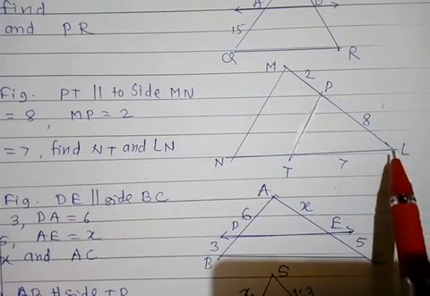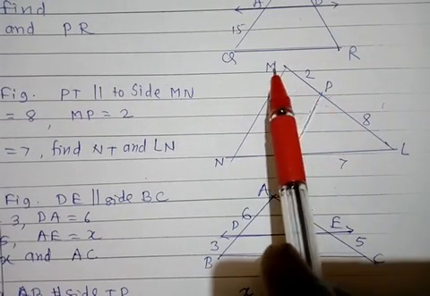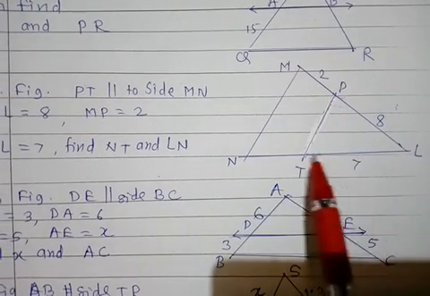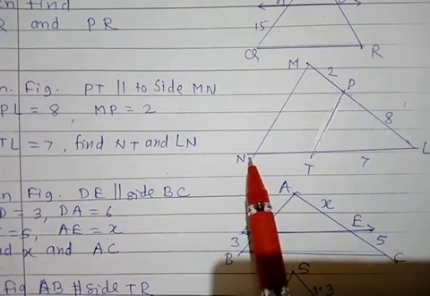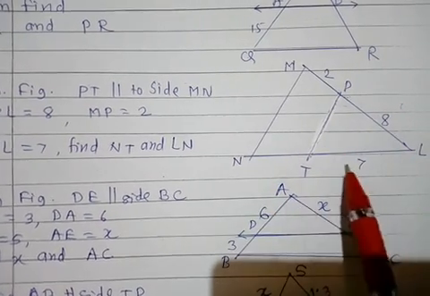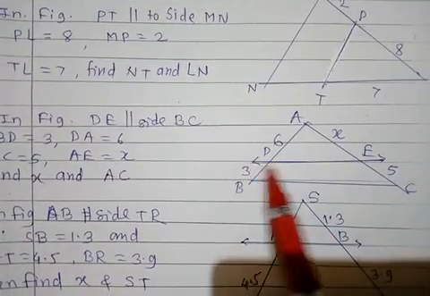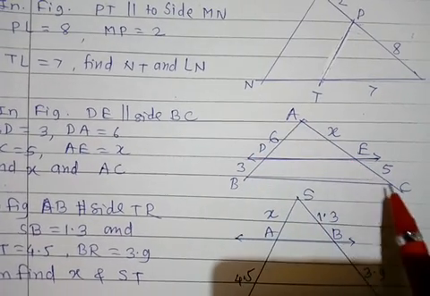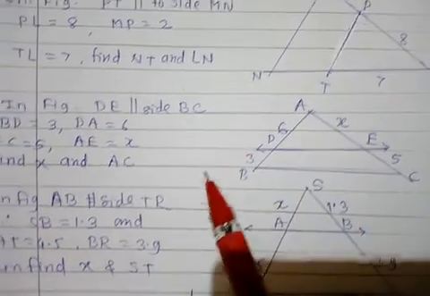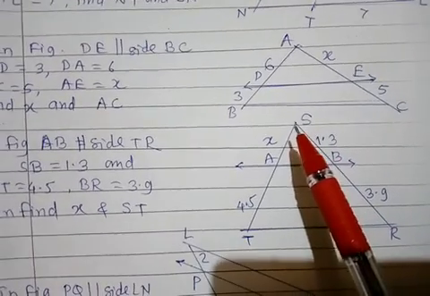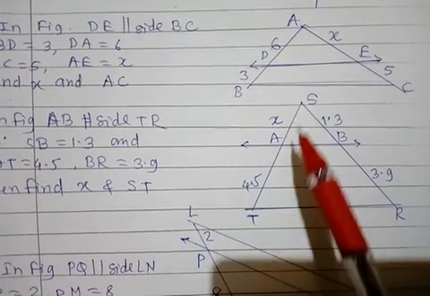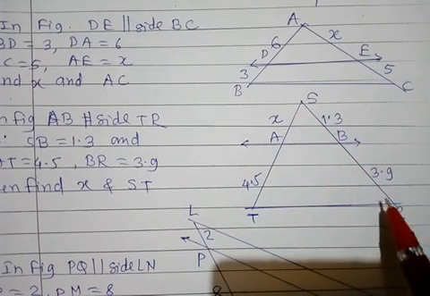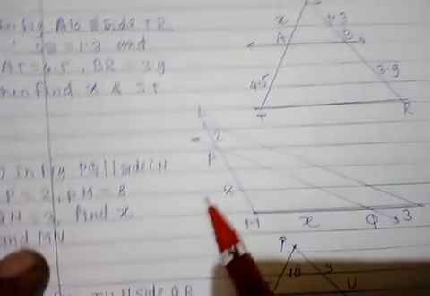Here also LP by PM, LT by TN, put the values, take cross multiplication. Here also AP by PB, AE by EC, put the values, take cross multiplication. Here also BA by AT, AB by ER, put the values, take cross multiplication.